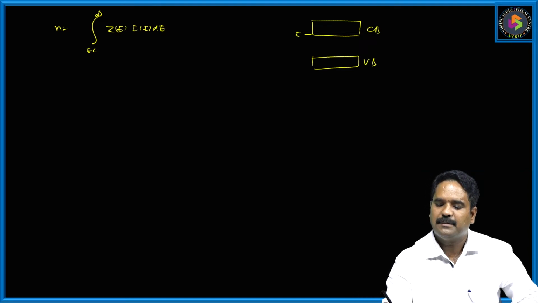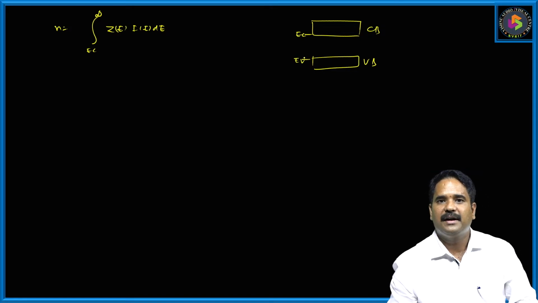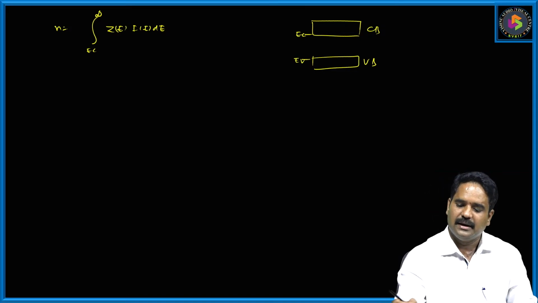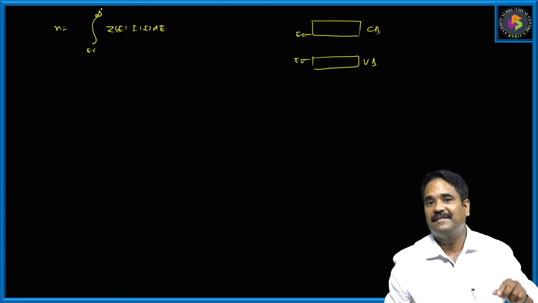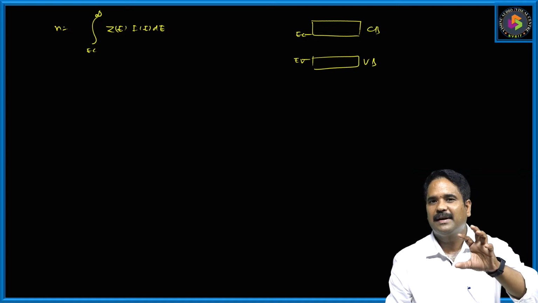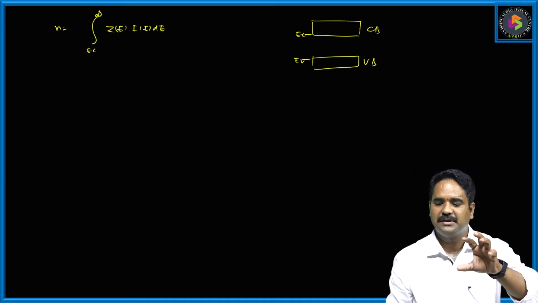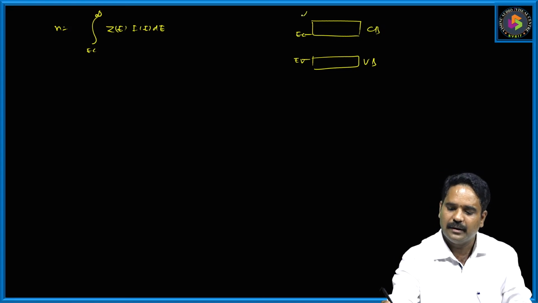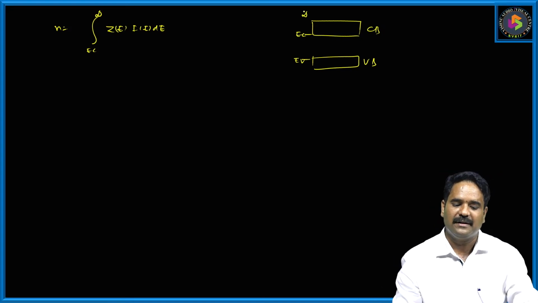Here EC is the bottom of the conduction band and EV is the top of the valence band. So we are deriving the expression in the conduction band. EC is the bottom of the conduction band and the upper limit will be the top of the conduction band. But we are assuming that the probability of electrons occupation reduces to 0 at infinity only. So we are taking the upper limit as infinity.